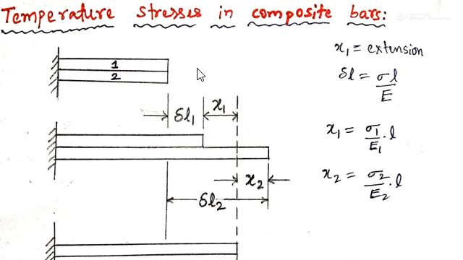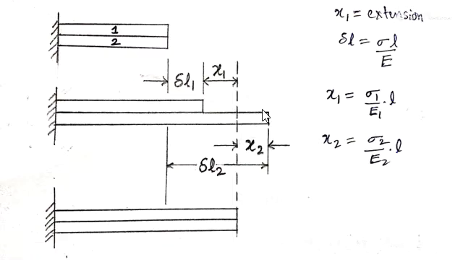But because these two ends are joined rigidly, when it is free, means with two ends not joined, the bar 2 will have more extension, that is delta L2 is more than the delta L1.